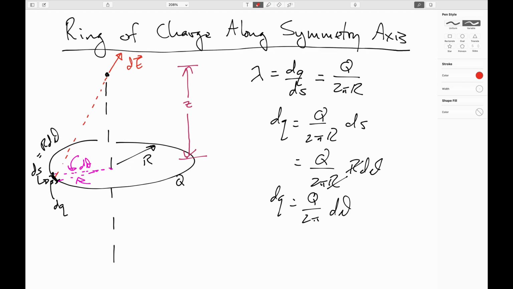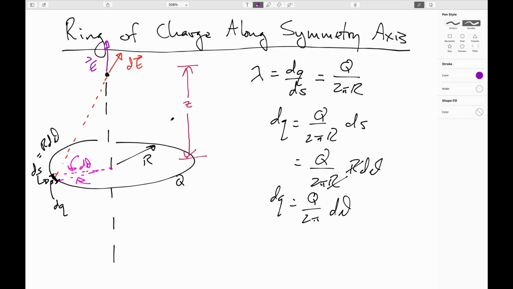And again, you can look at this and say, oh, you know what? For every piece I've got like here, there's a matching piece over here that would cancel out what was happening in x and y. And so again, we've already worked out that the direction of the electric field is going to be straight up. So this is my E there.